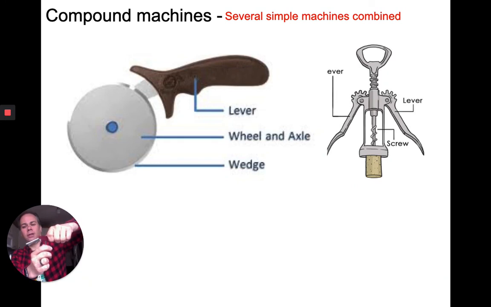And finally you have a lever up here where you put this section on your wine bottle and then you lift up on it to pull the cork out. So this has several simple machines all working together to accomplish some task, and that task is to get the cork out of a bottle of wine.